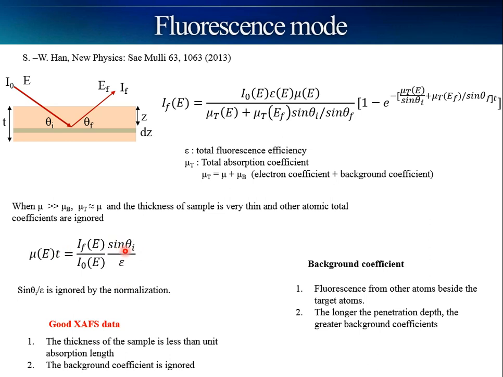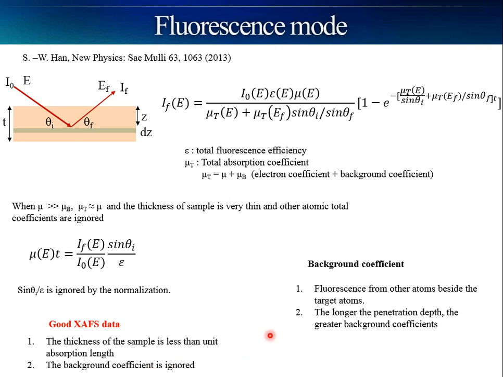Even though this equation is known as the fluorescence formula, generally we have to consider the thickness and background. Therefore, to get good SAFS data in fluorescence mode, first, the thickness of the sample should be less than one unit absorption length, like transmission mode. And second, the background coefficient is ignored when we use good data and a good detector, such as a silicon germanium detector.